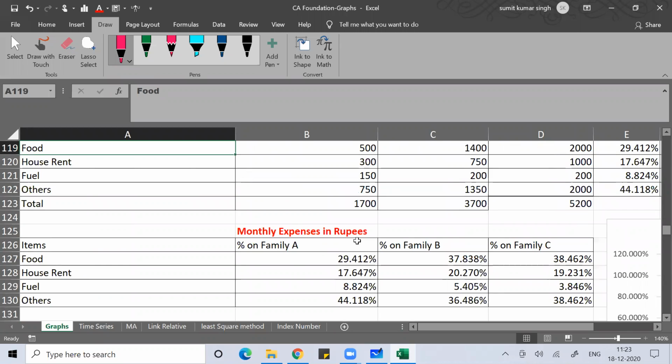Clear, everyone? Fine, anyone have any doubt? I hope everyone understood the percentage bar diagram.